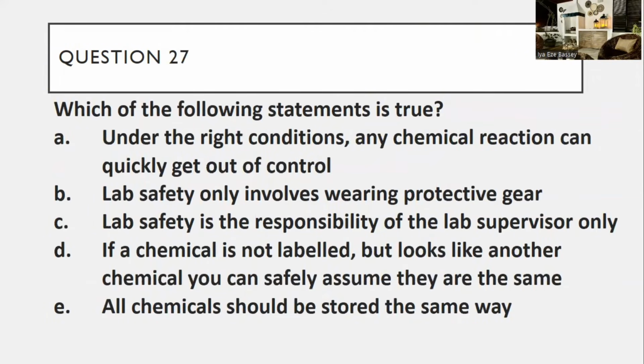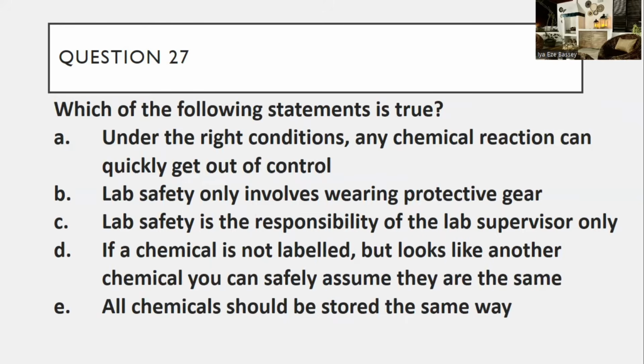Question 27, which of the following statements is true? A, under the right condition, any chemical reaction can quickly get out of control. B, lab safety only involves wearing protective gear. C, lab safety is the responsibility of the lab supervisor only. D, if a chemical is not labeled, but it looks like another chemical, you can safely assume that they are the same. That is dangerous.